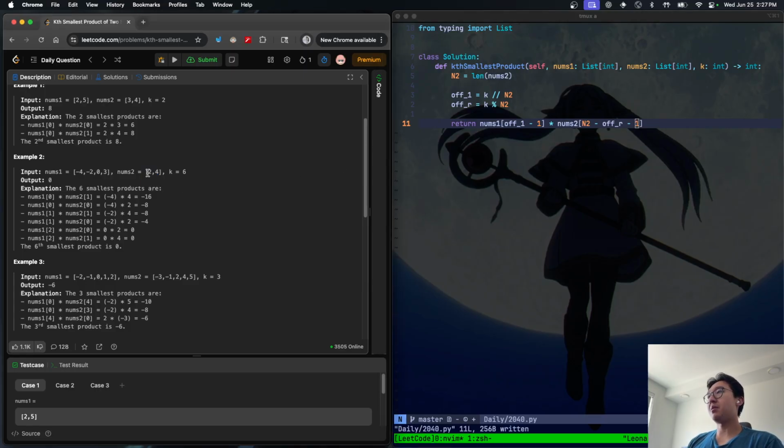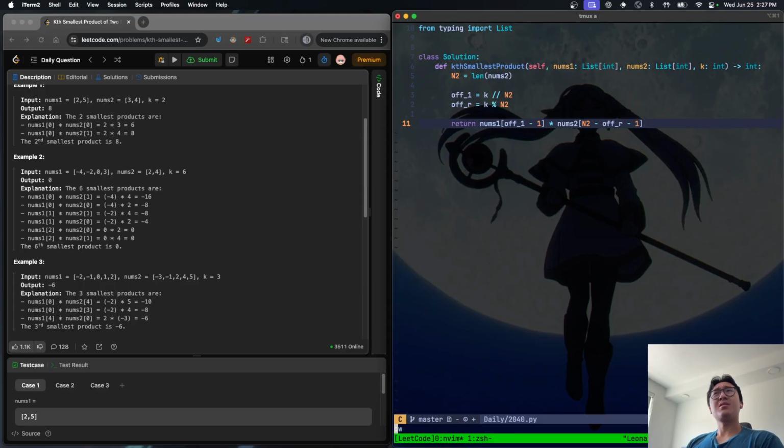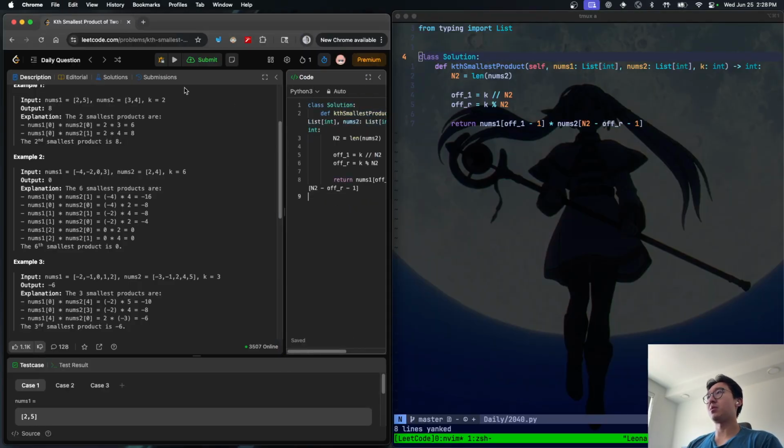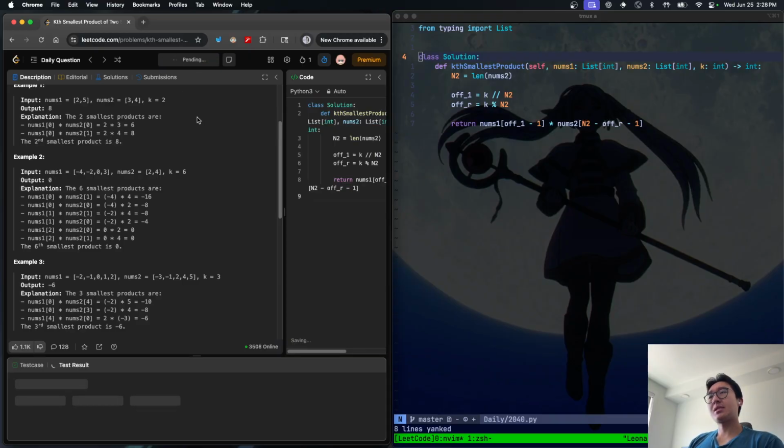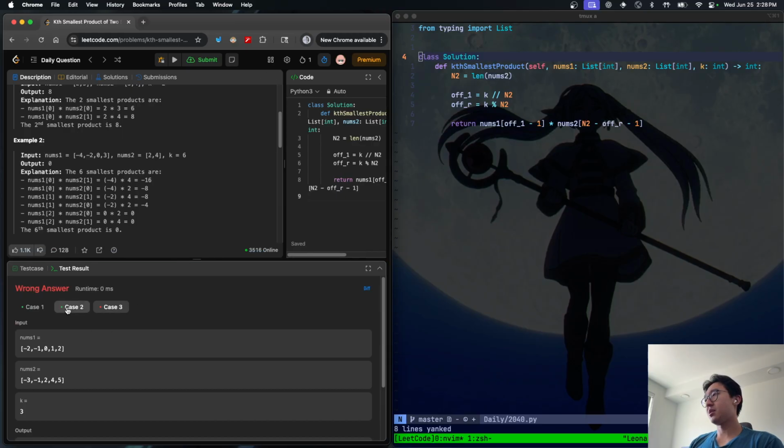Because in this case the remainder is 0, so the size is 2. So 2 minus 0 is equal to 2, but we actually want 1. Yep. I don't think that's all. I'm probably misunderstanding the question if this is the solution. Oops, if I get something wrong here. Yeah, missed something. Let's see. I mean, at least those worked.